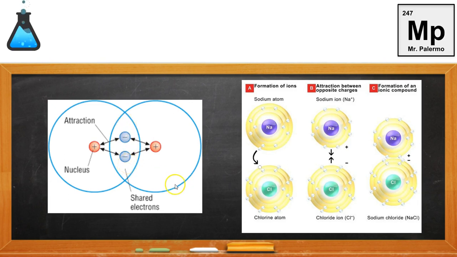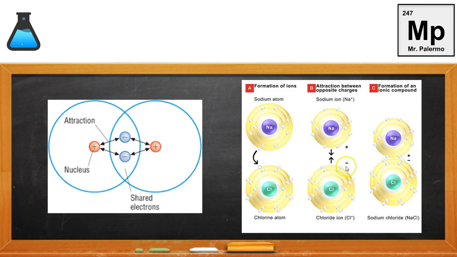If one of the atoms, like here, chlorine and sodium, chlorine has a much higher electronegativity, so it's got a stronger attraction for electrons. And so when they're pulling on electrons, chlorine will actually take sodium's electrons, and they'll be transferred over. And in doing so, they complete their valence shell of electrons, but now chlorine forms the chloride ion.